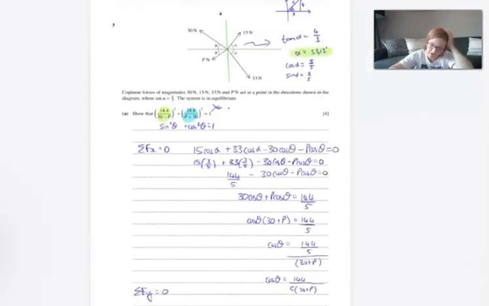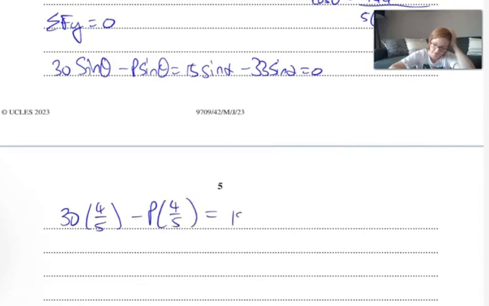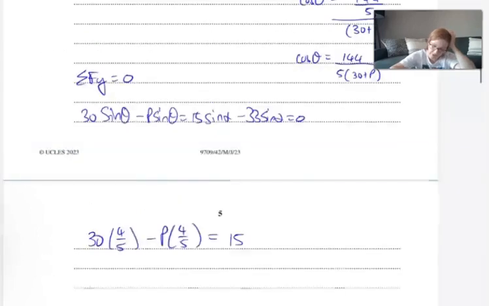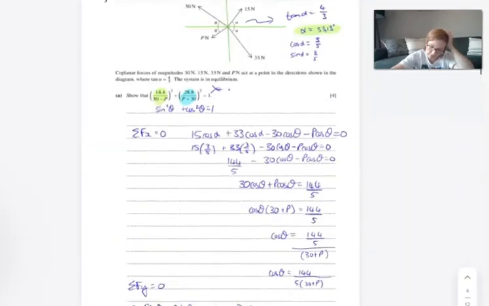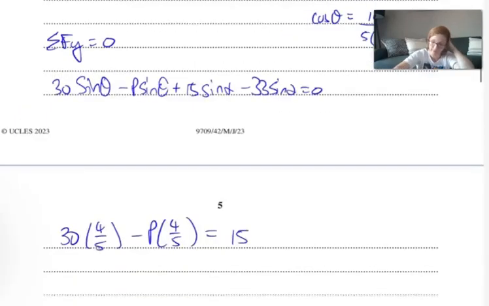Okay, so sine of alpha is 4 over 5. So that's 30 times 4 over 5. Oh, that should have said 15 plus 15. Okay. So plus 15.